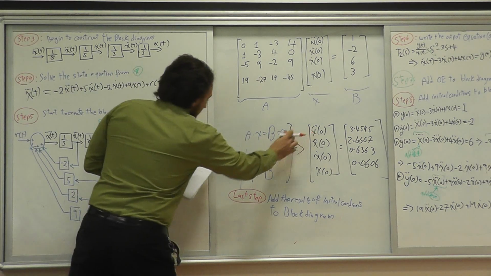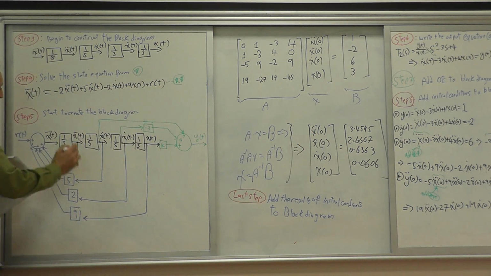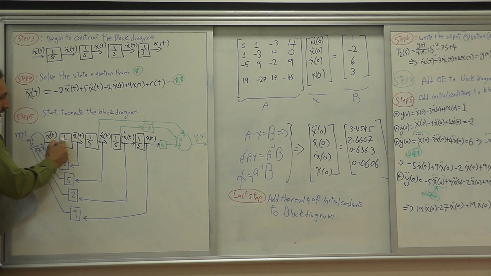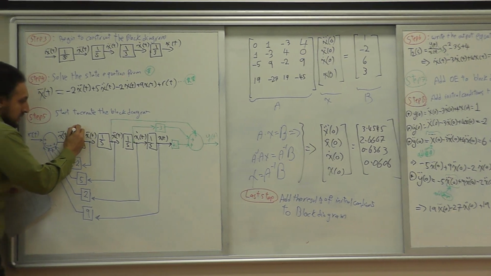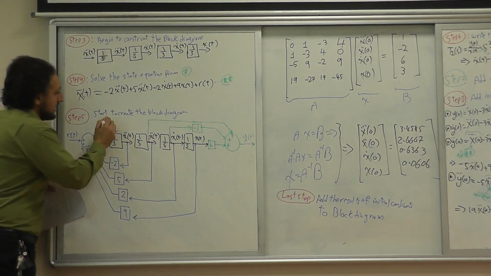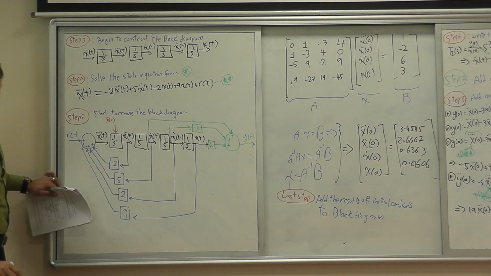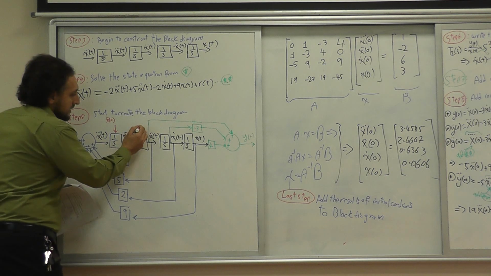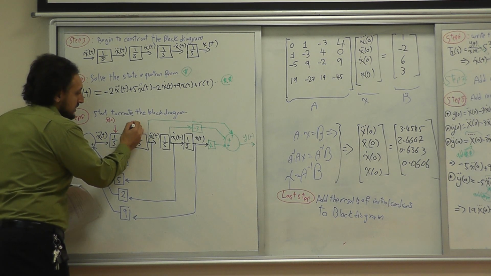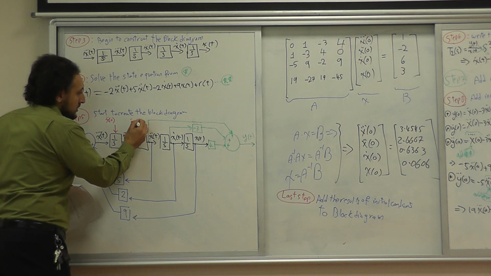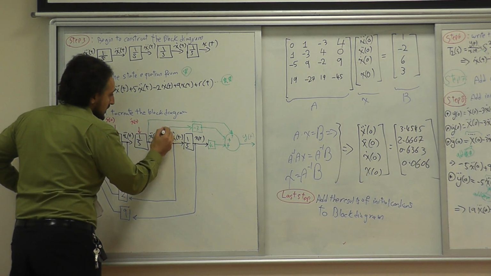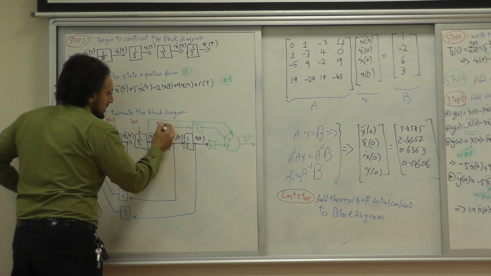Look, this is x3 dot. I add it here. This is x1, 2, 3, 0. And here x1, 2, 0. And here x dot 0.